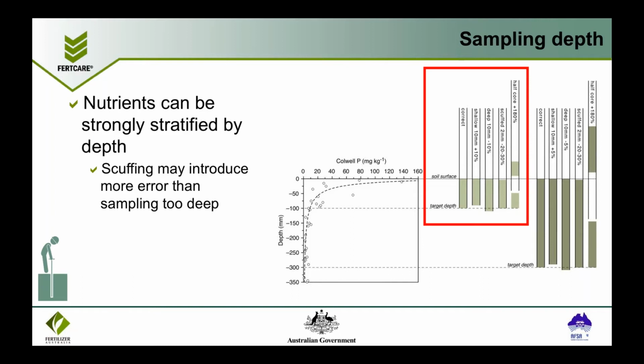So if you're taking a sample that's slightly too shallow or slightly too deep, it's probably going to give you a small amount of variation in the actual value, because you're introducing a relatively small amount of something that has quite a low concentration. If, however, you do something like scuff the soil surface, you're kicking off potentially something that's quite nutrient enriched, and so you can actually have a significant influence on the final result.